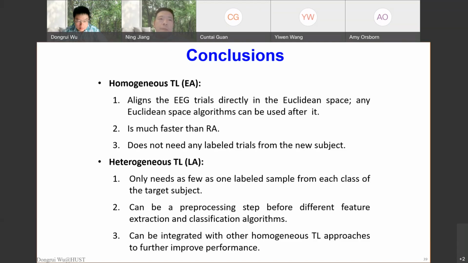I can imagine that for a patient who uses BCI, you need to calibrate anyways, right? Calibrate it for that particular, say, stroke patient.